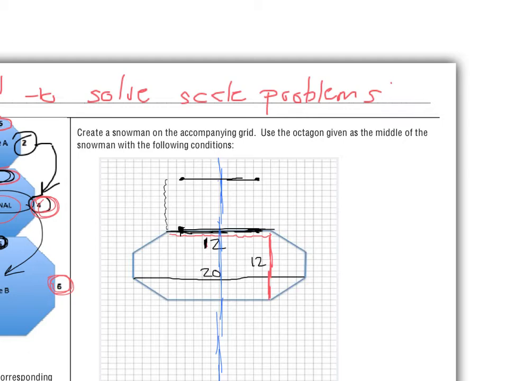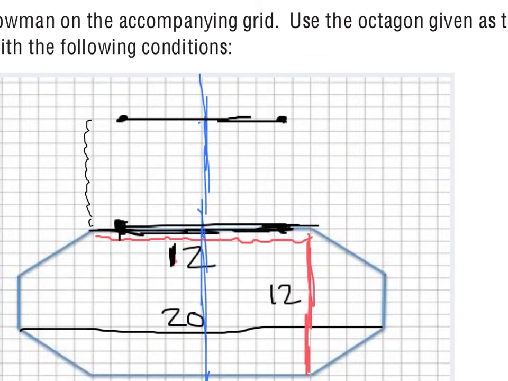on each side. So I'm going to count this out: 1, 2, 3, 4, 5, 6, 7, 8.